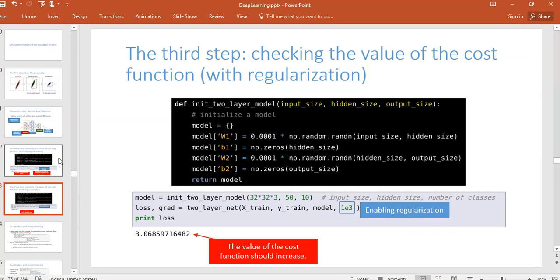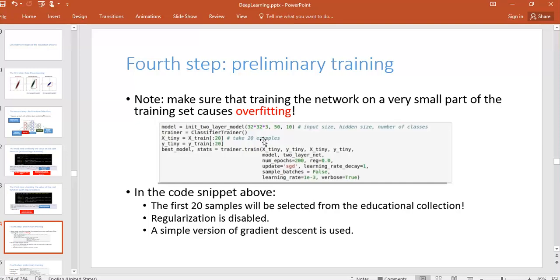This section, verbose is true, means a print of information for me about training. If this network is a good network and can learn 50,000 data, it must be able to learn 20 data.